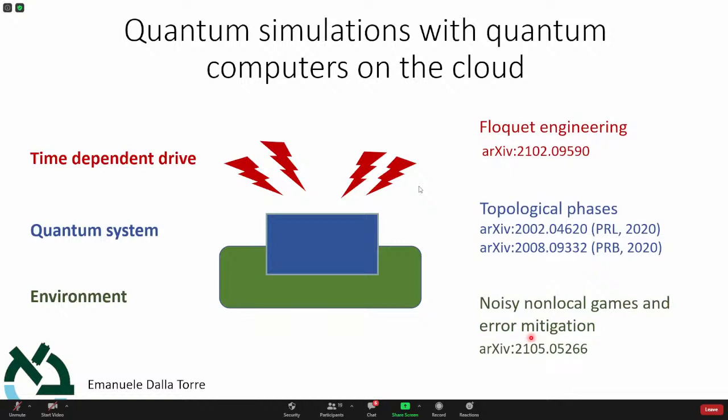Problem number two is just random electromagnetic fields. So even if you do nothing, you just stay there, there are external electromagnetic fields. Say someone enters with his cellular phone in the lab where they are doing the experiment, and some electromagnetic waves are emitted by the smartphone.